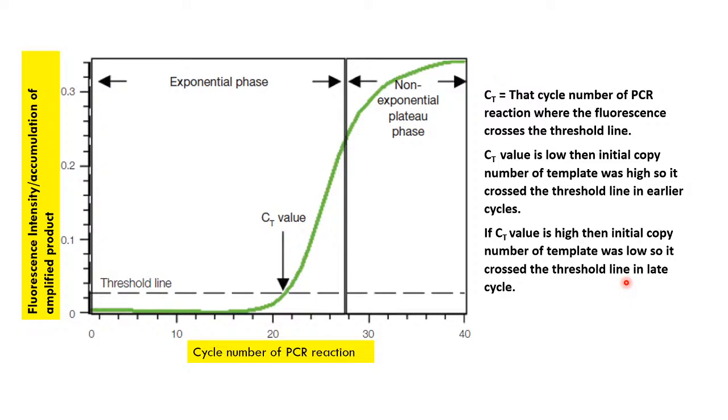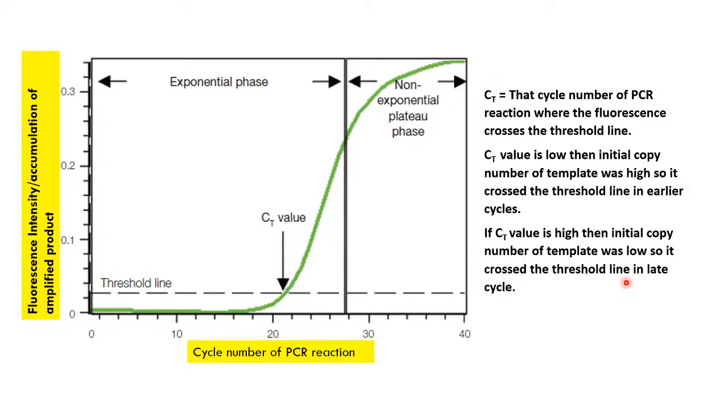That's why within a few cycles, the fluorescence has crossed what? The threshold line. But in cell B, the CT value is not 15, it is 20, meaning after 5 more cycles it is crossing the threshold. It means the initial amount of RNA, or the initial copy number of the template, was low. That's why it took time to cross the threshold, crossing only in a late cycle.